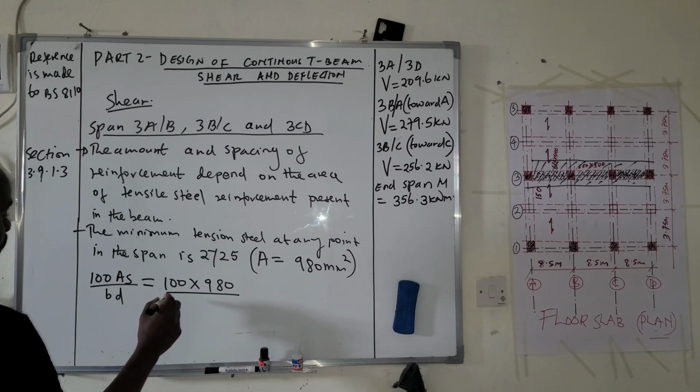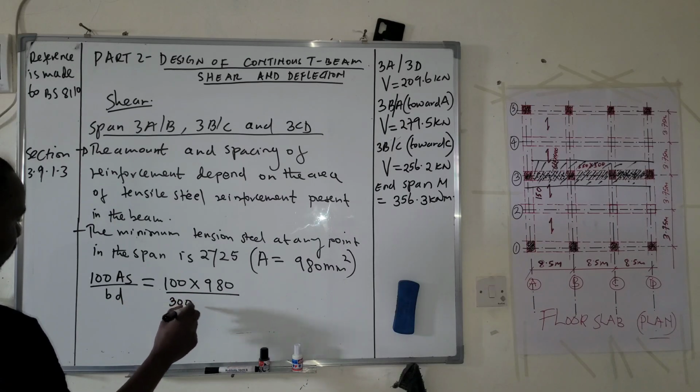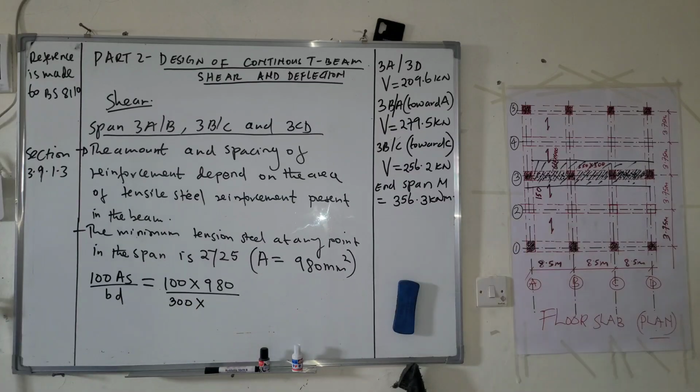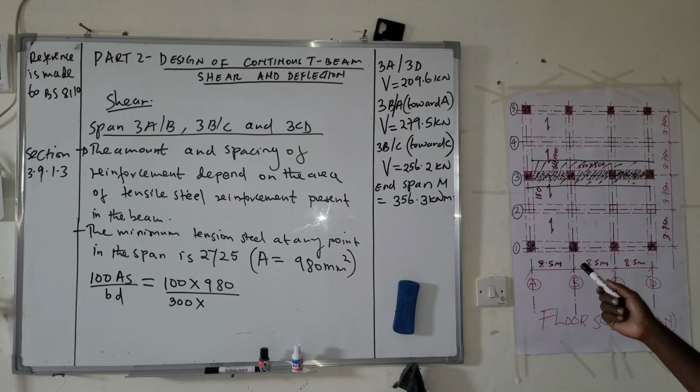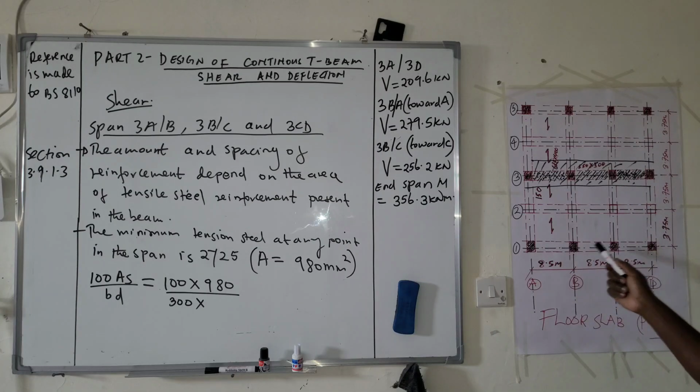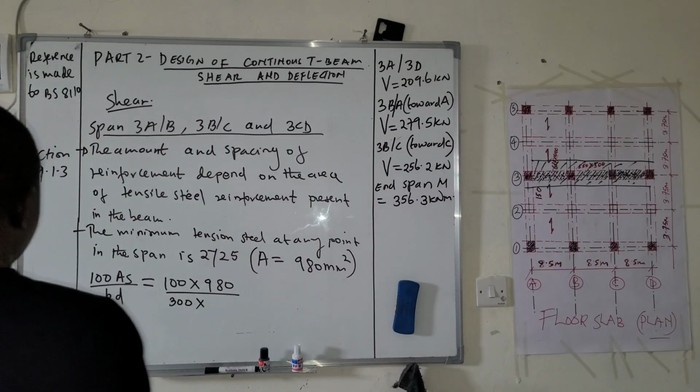You remember our b was 300, times d. For d, we also calculated the value of d in our previous example or session. And if you can remember, for the end span, our d was 499.